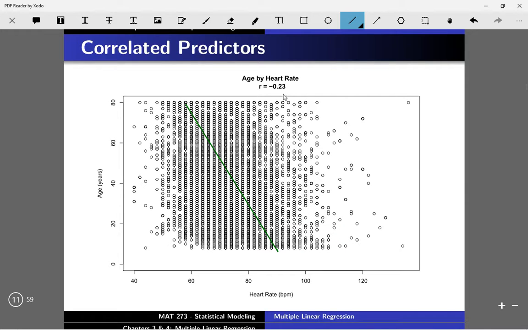And we can see confirmed by the correlation coefficient calculated by R, minus 0.23. Yes, there's a negative relationship between age and a person's heart rate, their resting heart rate on average.